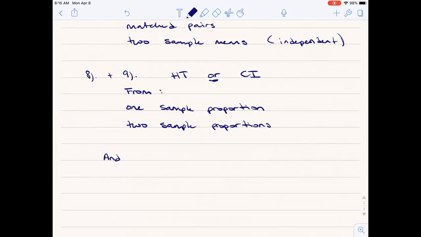And a sample size calculation. Right, so we did a sample size calculation on the assignment 6, and a sample size calculation.